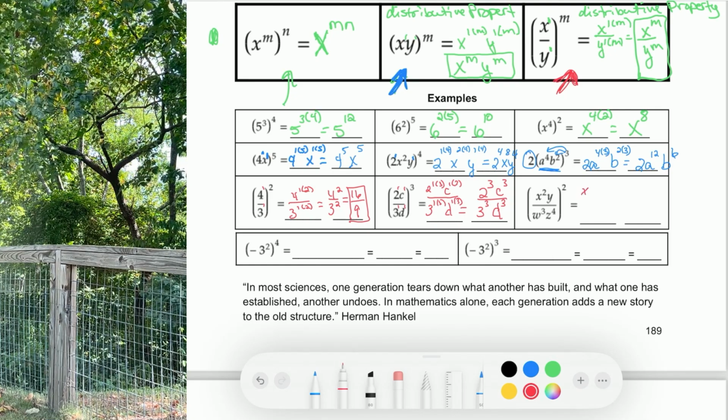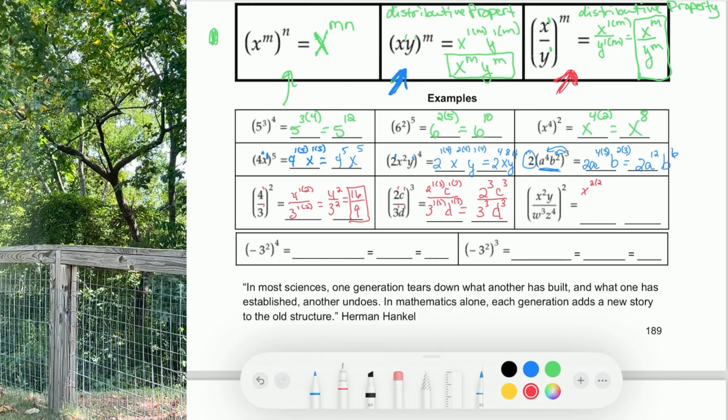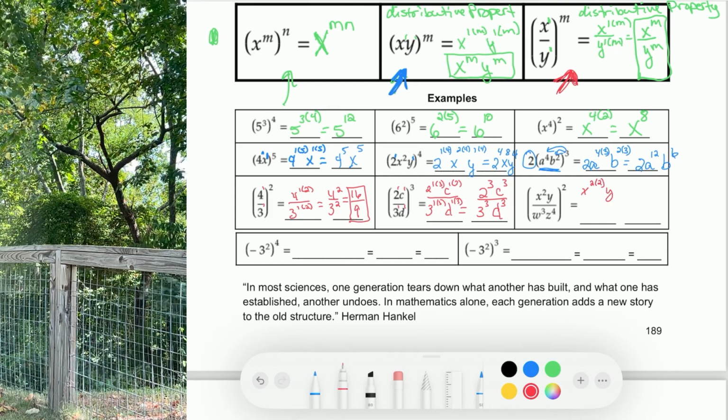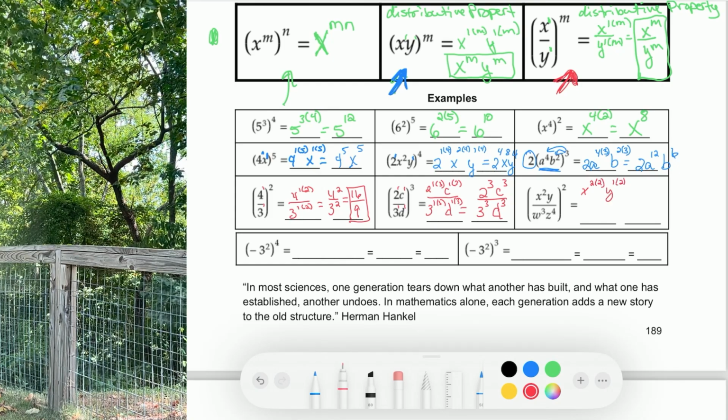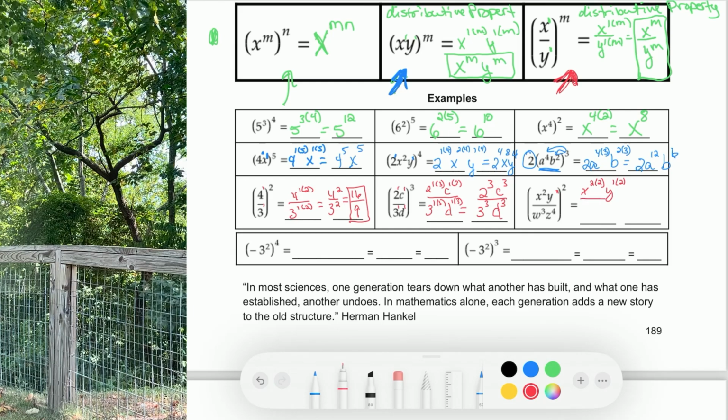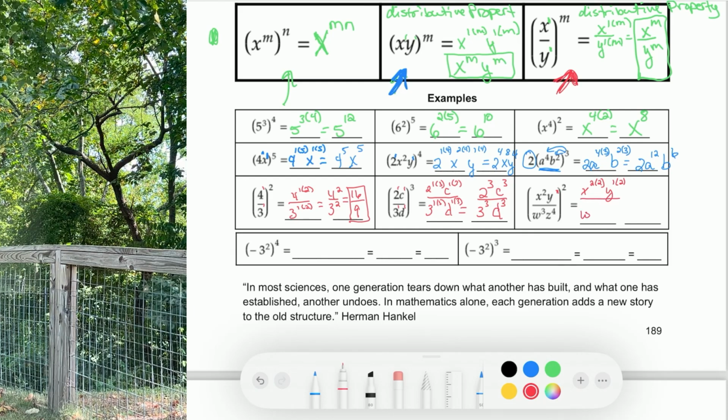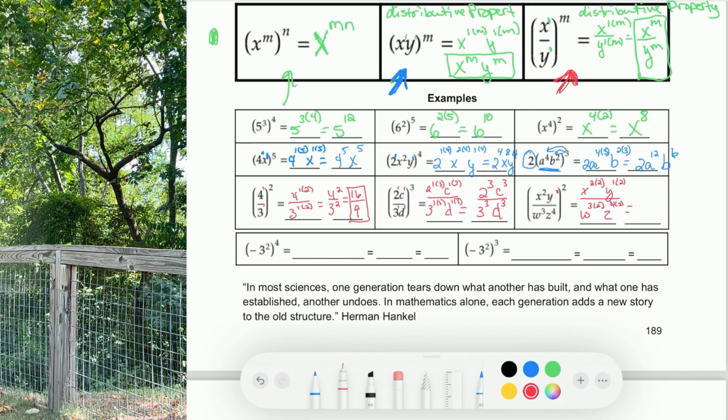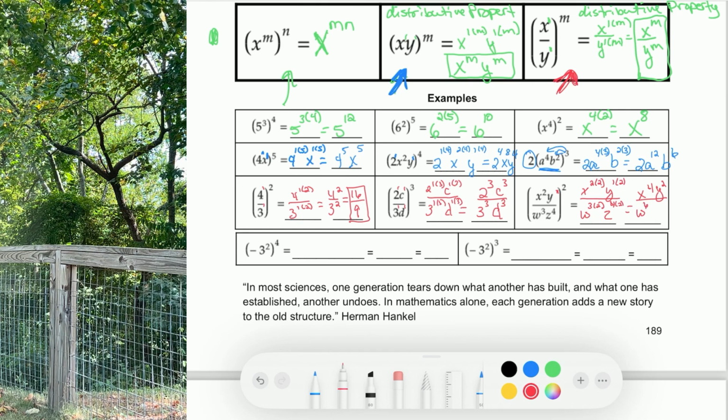So x to the power of 2 times 2, y 1 times 2, because we got that invisible 1 there, over w to the power of 3 times 2, and then z to the power of 4 times 2. And that gives us x to the fourth, y to the second, w to the sixth, and z to the eighth.